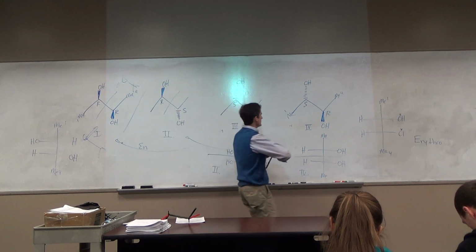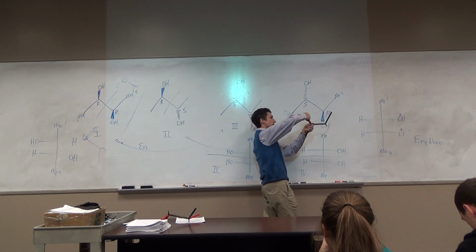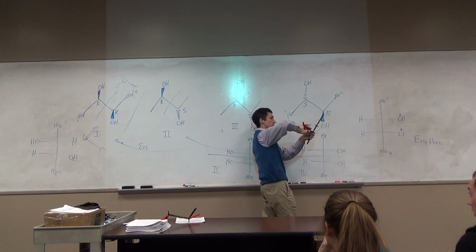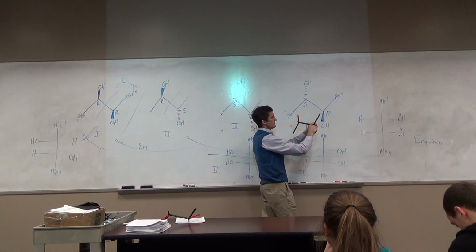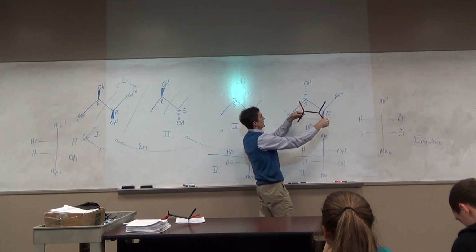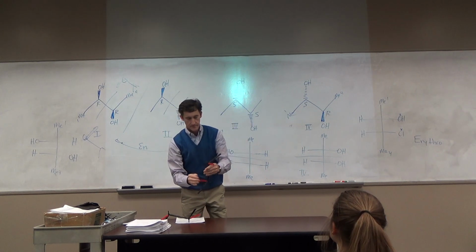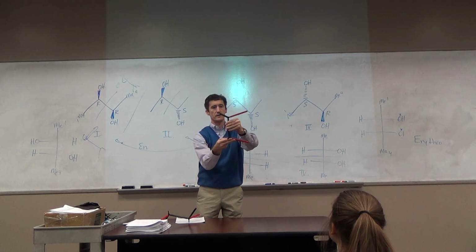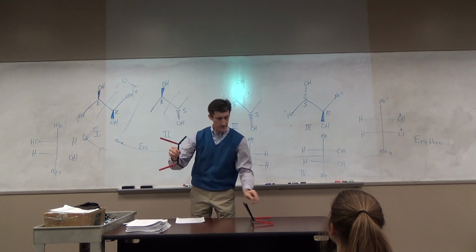Let's look at the other one. Backbone here. This OH back, as opposed to being forward, and this OH forward. There's compound 4. Here they are. I'm just going to rotate this red over here like this, and rotate these red over there like that.